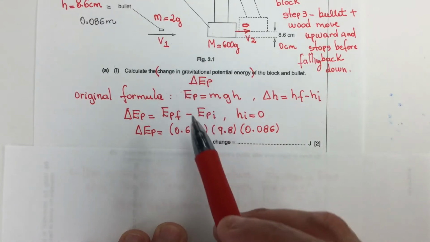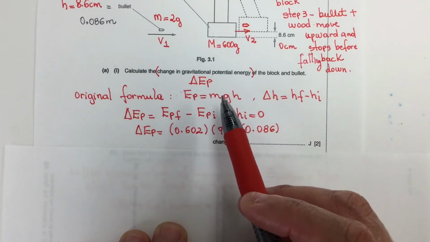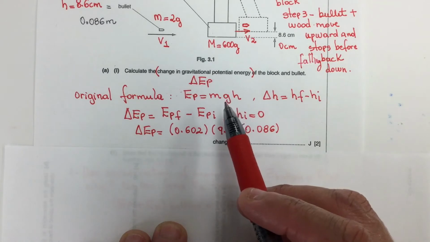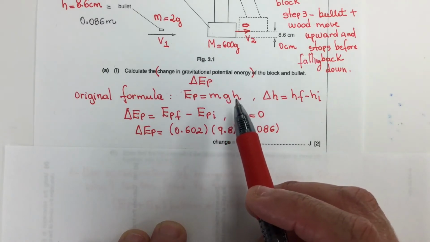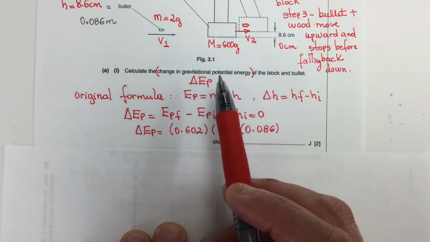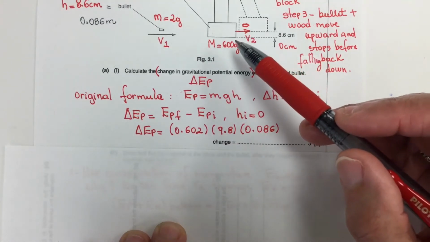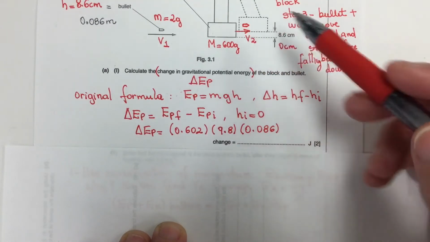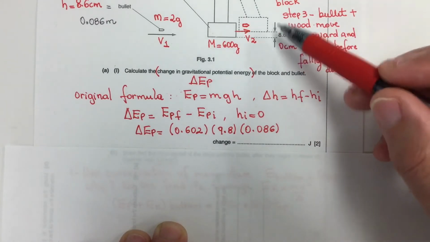The original formula for potential energy is the mass times acceleration of gravity, which is 9.8 meters per second squared, times the height. In this case, because it's asking for the change in gravitational potential energy, it means when the bullet and the block rise vertically from 0 to 8.6 centimeters.